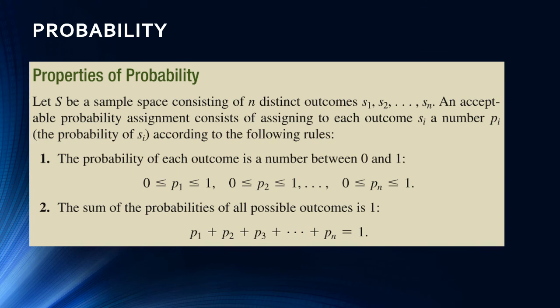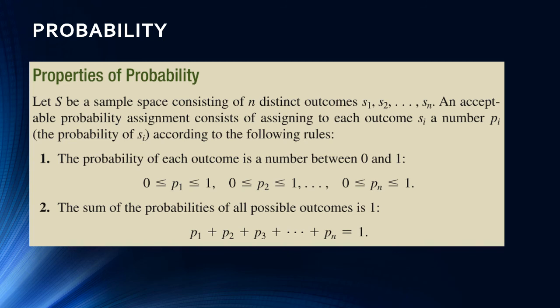So the last thing we're going to touch on here is the properties of probability. Let S be a sample space consisting of n distinct outcomes, S sub 1, S sub 2, S sub 3, etc., up to S sub n. So we have a sample space with n different outcomes.